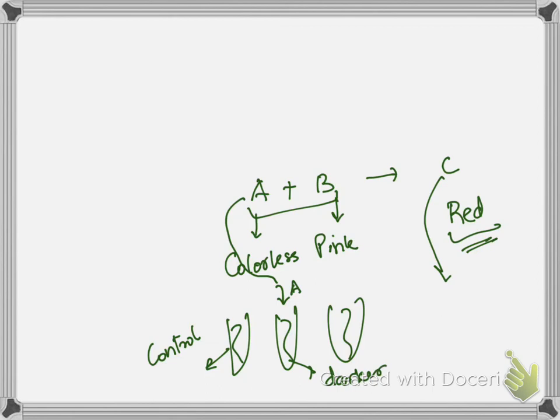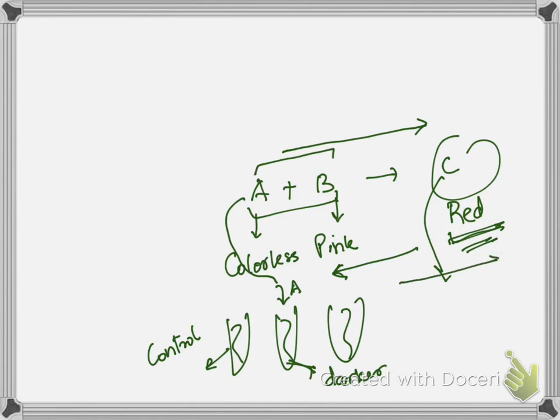What does that mean? That means you're shifting your reaction to the product side, because on the product side you have a darker color. If the color gets lighter, that means you're shifting it to the left. If you're shifting it to the left, your species that increased are A and B. If the equilibrium is shifting to the right, then the species that increased is your product, which is C.